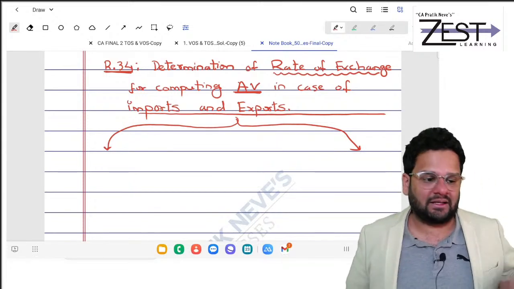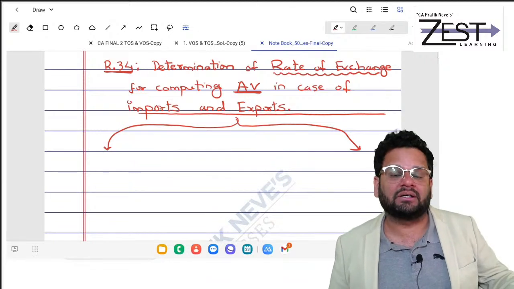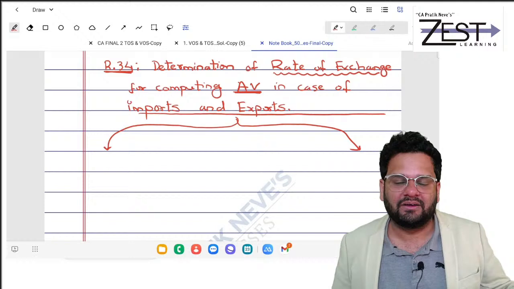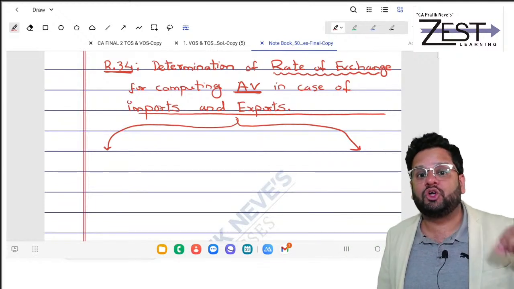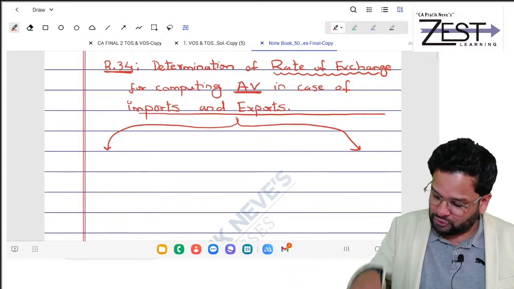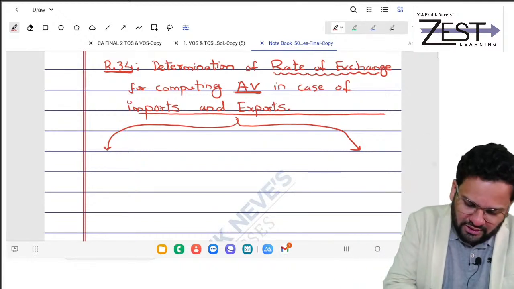As simple as that. If we take the services of Zoom Inc. for conducting our meetings, for conducting our classes, then place of supply is in India, but Zoom will give the bill in dollars. Now, how will they convert that into rupees to charge GST? That is the question.